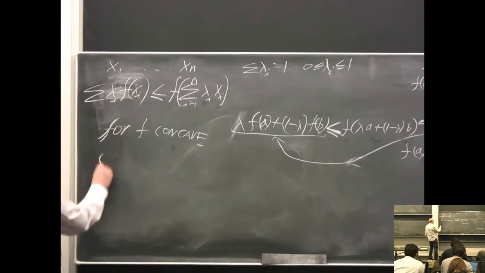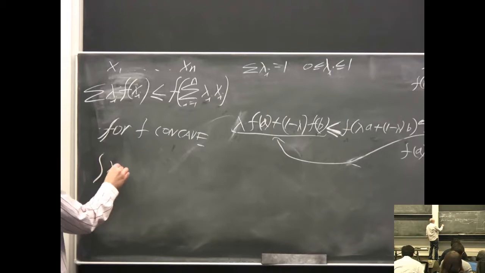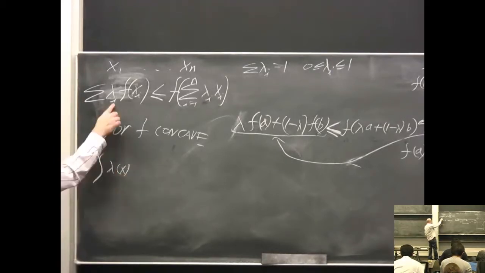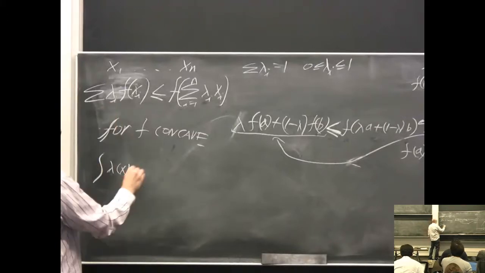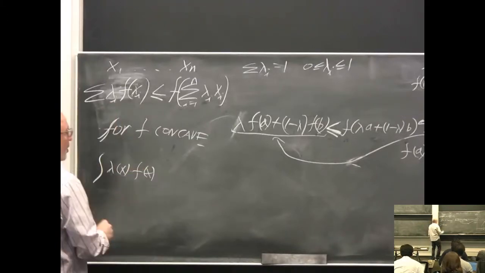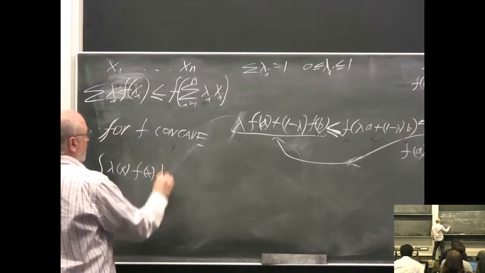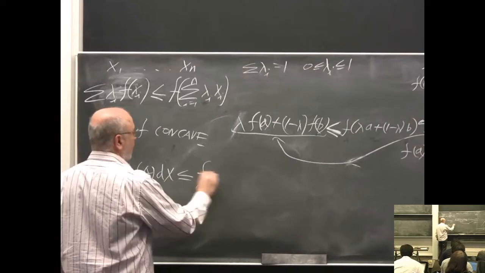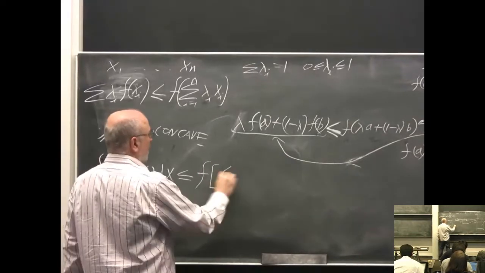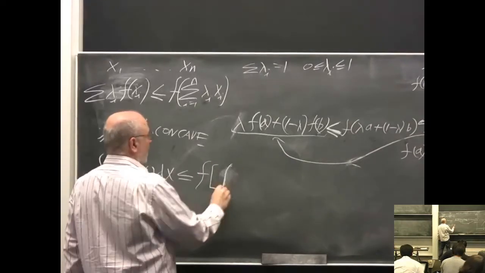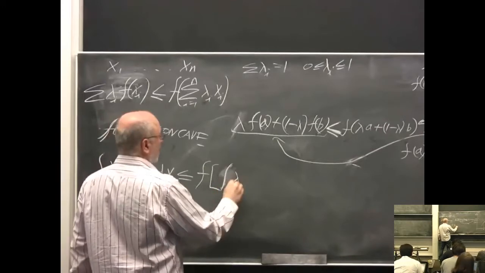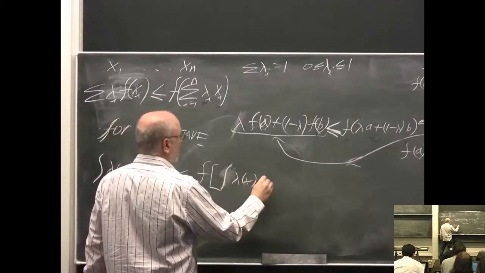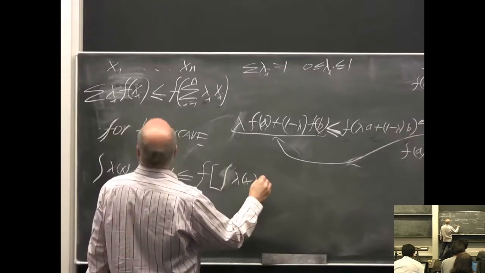It would be the integral of some function gamma of x, this time its index is going to be x rather than i because it's not discrete, f of x dx, which is going to be less than or equal to f applied to the integral of delta x times x dx.